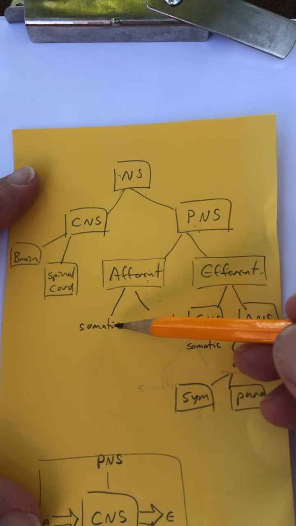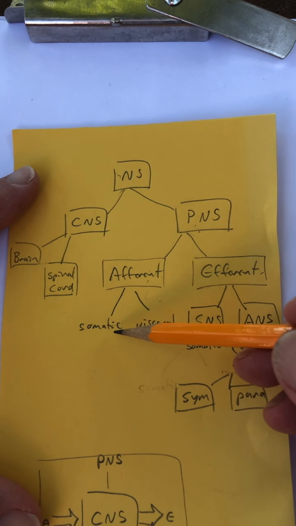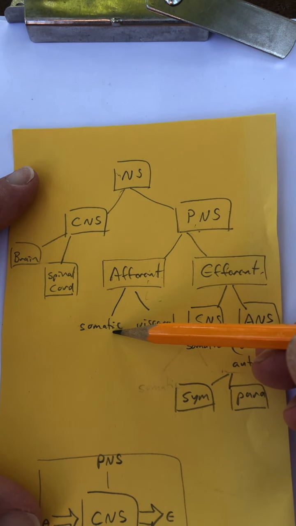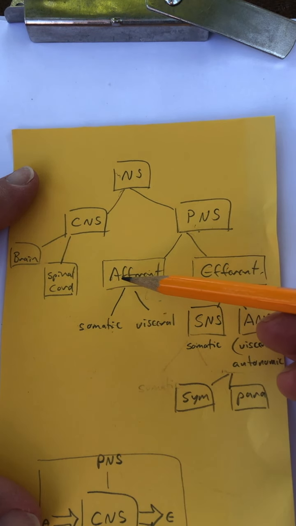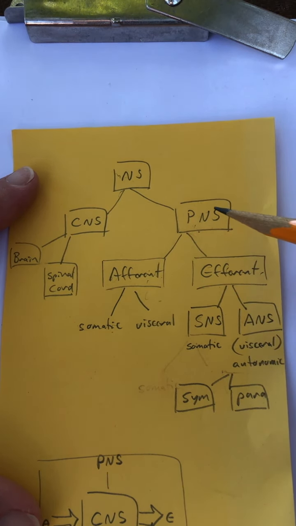Now, somatic here is referring to things associated with motion, such as tendons and ligaments between bones and muscles, particularly skeletal muscles. And so from the somatic sensory part of the afferent nervous system, you have information coming in about the amount of stretch, compression, displacement of tendons, ligaments, the position of bones, and such.